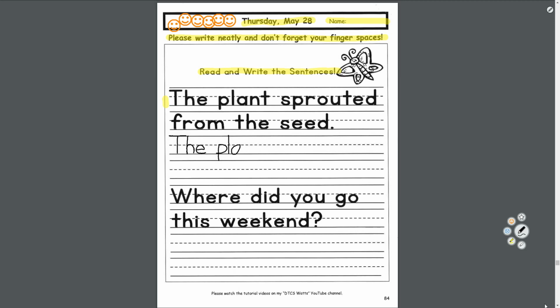And take your time. I want to see the best letters that you can make. The plant, finger space, sprouted. Notice how I'm using the lines to help me make my letters. The plant sprouted.